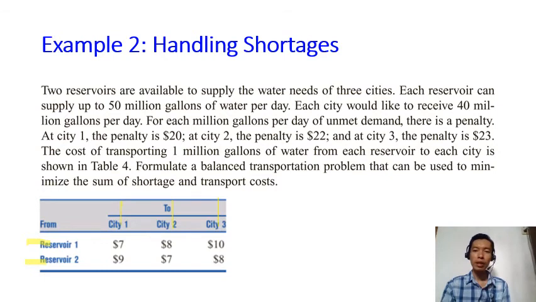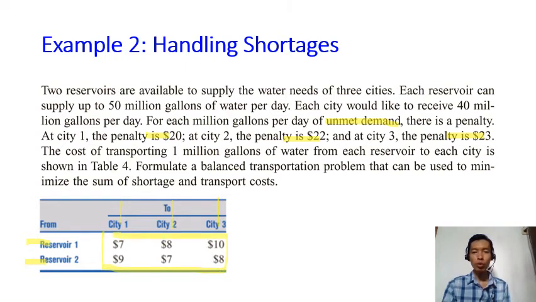It says here that for each million gallons per day of unmet demand, there is a penalty. For City 1, the penalty is $20, City 2, $22, and City 3, $23. And the cost of transporting 1 million gallons of water from each reservoir to each of the city is shown on the table.